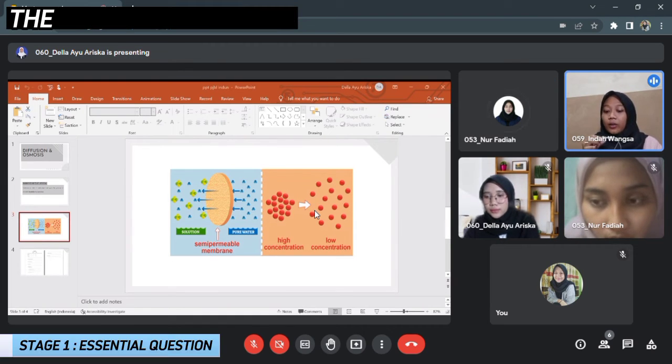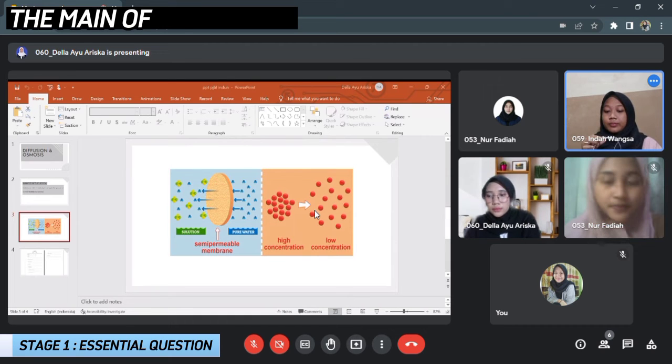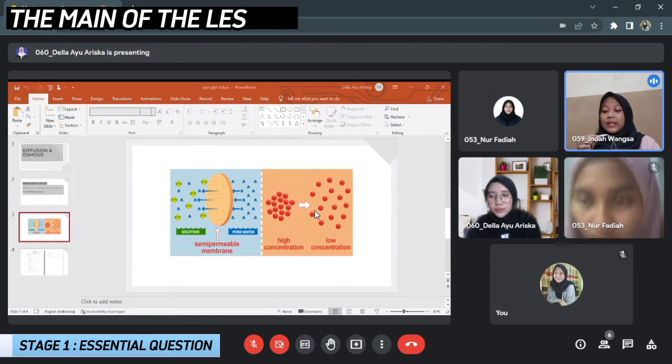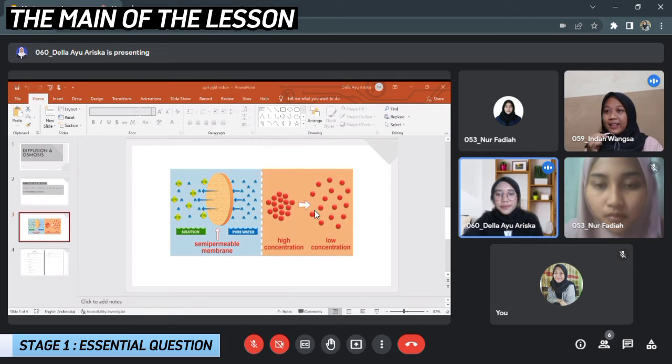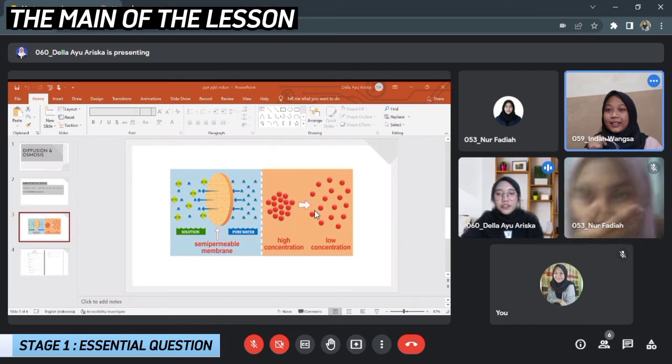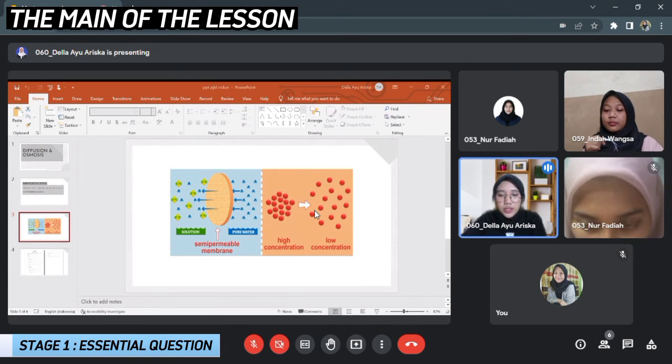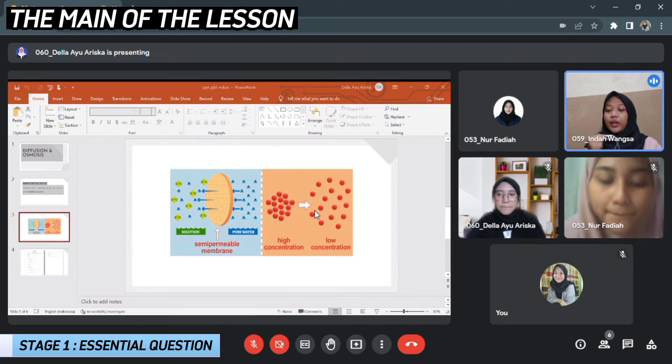Now, check out the picture. What processes are in the right and left picture? Well, who will try to give your opinion? Me, ma'am. Yes, Della. Okay, the left picture shows the osmosis process and the right picture shows the diffusion process, ma'am. Good job. Thank you for the great answer.